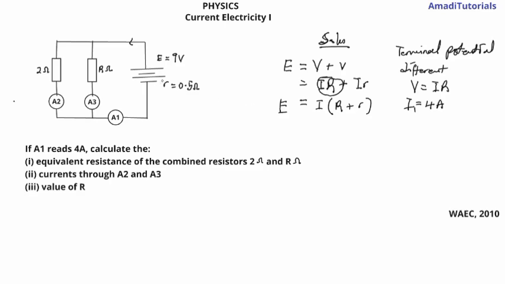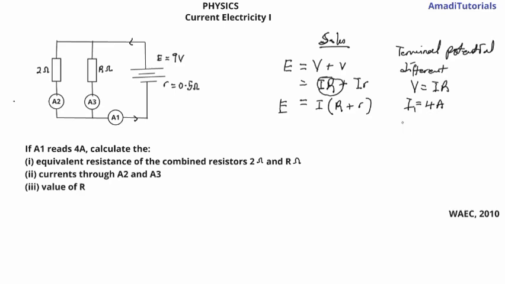So now we have to calculate the equivalent resistance. This A1 here represents the total current drawn from this cell, and they have said it is 4 amps.